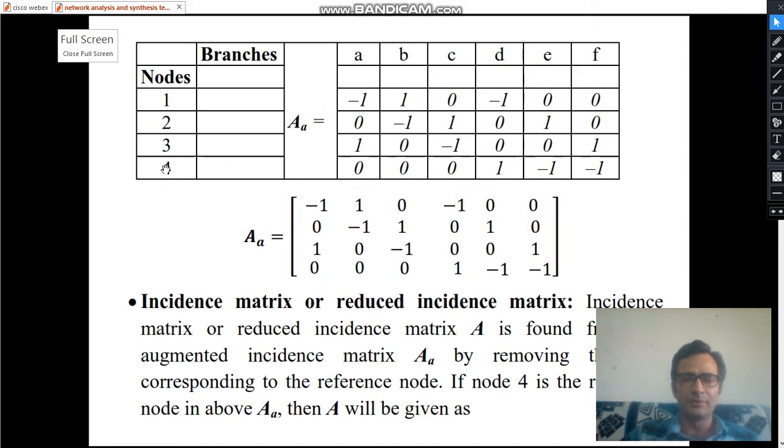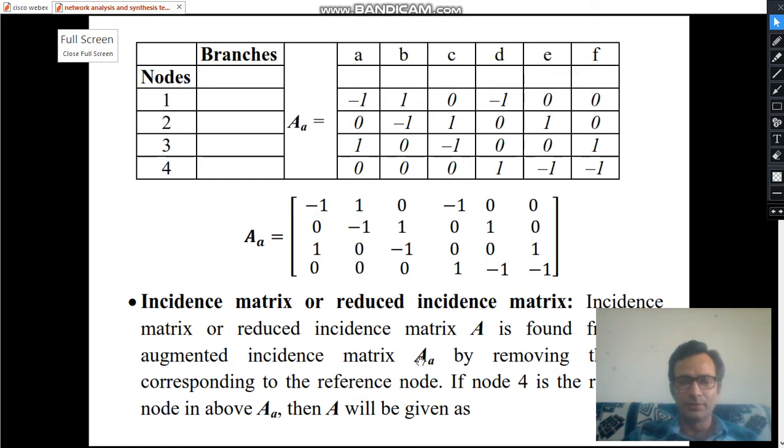Nodes 1, 2, 3, 4. This is what we have written just now, and in matrix form we can write it this way. The same thing has been written here. A, B, C, D, E, F are branches and these are nodes 1, 2, 3, 4. Incidence matrix or reduced incidence matrix A, now with no subscript, is found from the augmented incidence matrix A augmented by removing the row corresponding to the reference node.